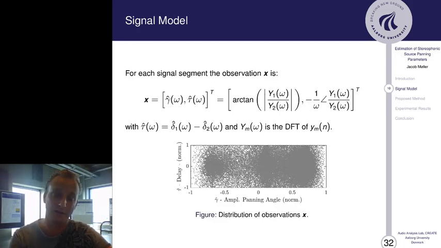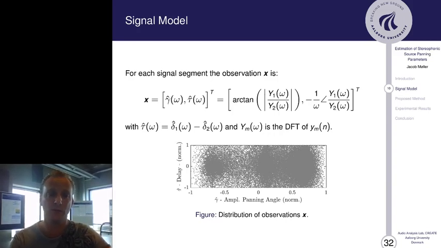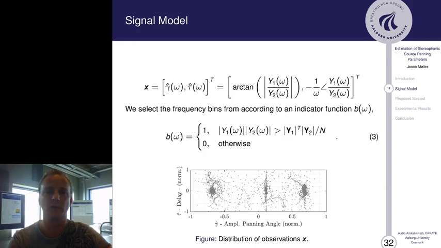Since this is not the case, amongst other assumptions also violated, we see here the distribution of x. In this example we have 3 sources, and we can see that these are not point-wise estimates. What we can do, and what we also have done in the experiments, is to apply a threshold.